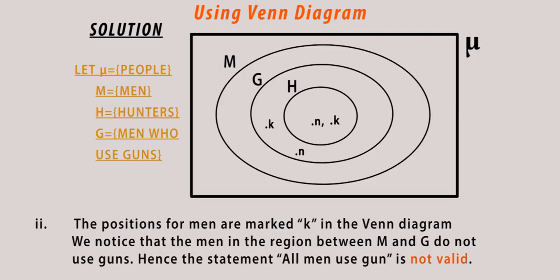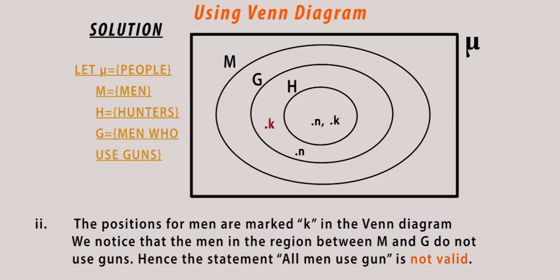II. The position of men are marked K in the Venn diagram. We notice that the men in the region between M and G, where our K is, do not use guns. Hence, the statement all men use guns is not valid.